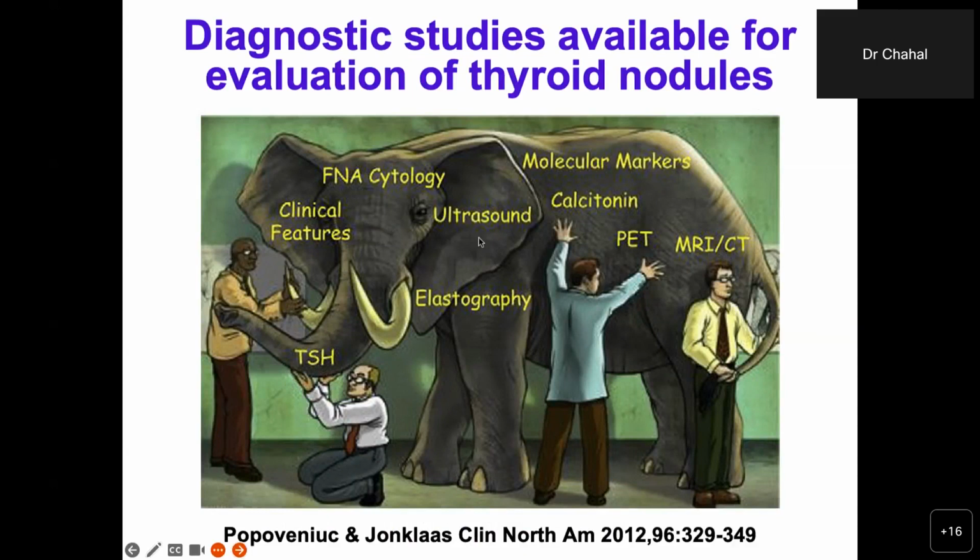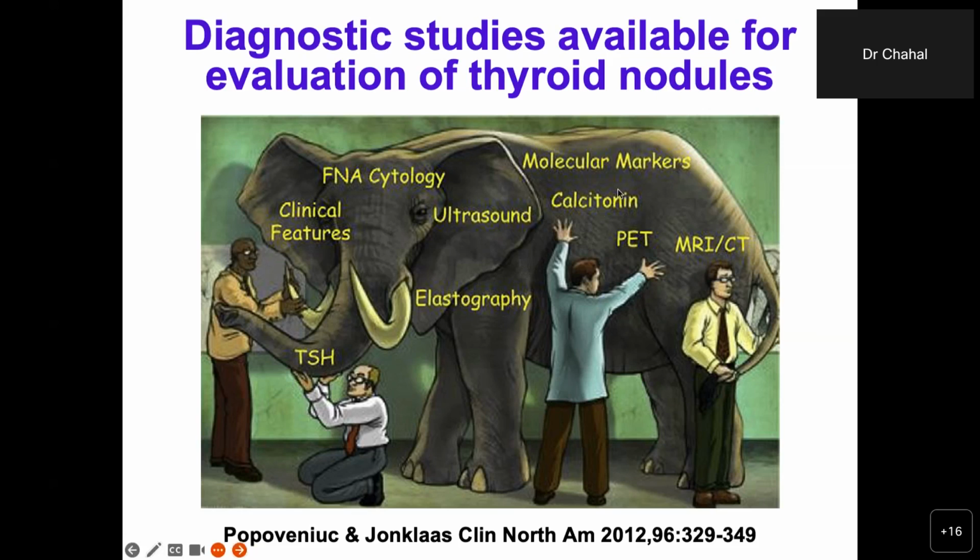Ultrasound is important, and the FNA, which we'll have a look at in a second, is important to make sure that there's no hint of abnormal thyroid cells. But all of these other ones, like molecular markers, calcitonin, PETs, MRI, CT, aren't routinely done, or elastography. That's the stiffness of the nodule.